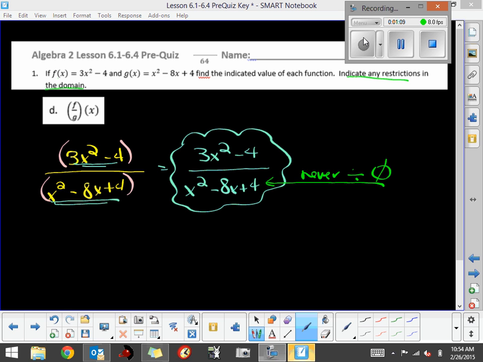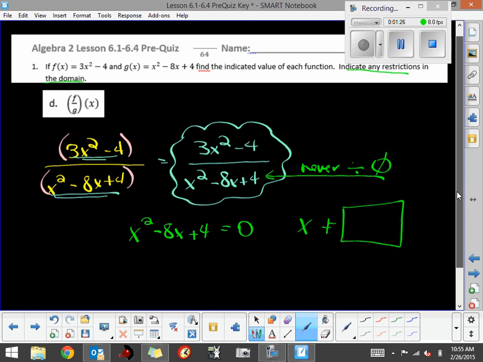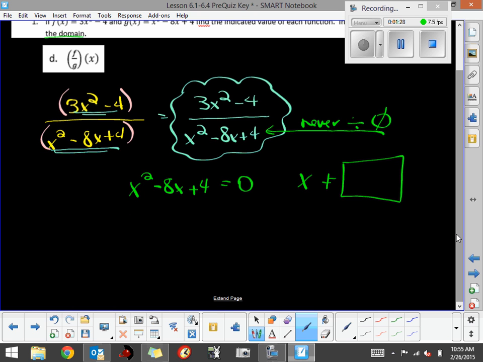So I've got to make sure that x squared minus 8x plus 4, when is it equal to 0? I want to figure out when it does equal 0, and then make the restriction and say, don't let x equal whatever I determine those values to be. So we're going to restrict our domain, our inputs, by finding out what values they cannot have because it would require us to divide by 0.